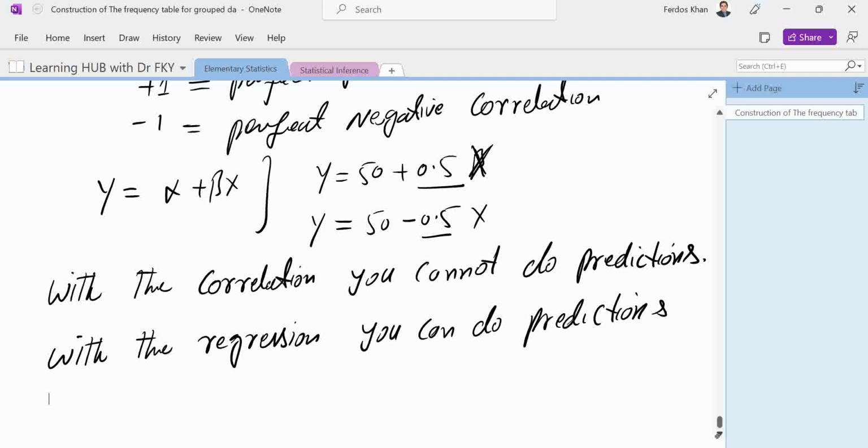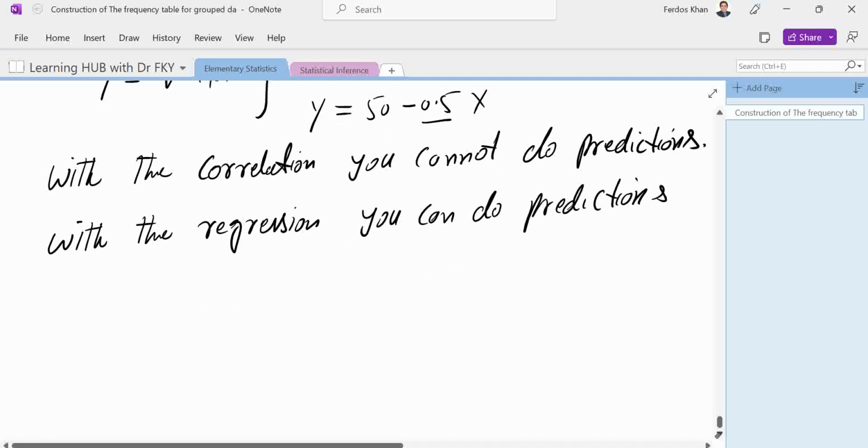How? Because correlation is just the strength of the relationship between the variables. And you can see that this is alpha plus beta x.